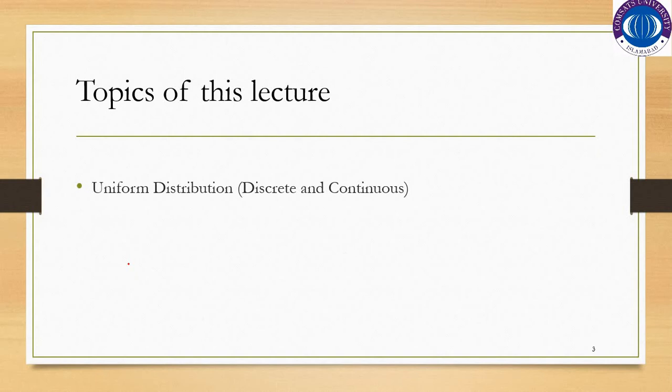The topic of this lecture is uniform distribution. We will study discrete and continuous as well. So let's consider x is a random variable defined on a sample space of rolling a die.